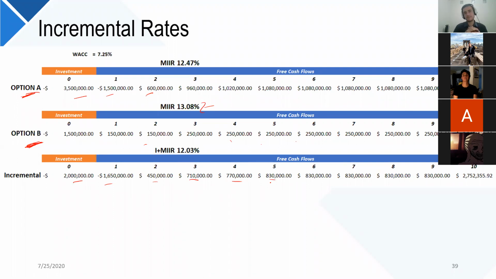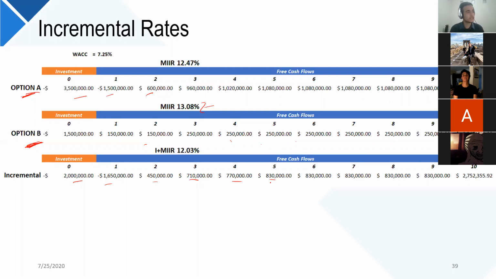Without technicalities, it means that if you invest in project B, and if you were able to invest in project A, the different cash flows you generate will give you a different internal rate of return, and that rate of return will be the opportunity cost missed if you don't invest in project A, okay?